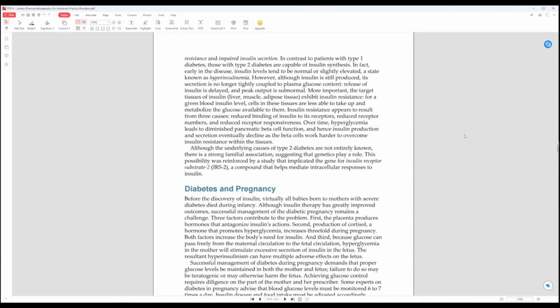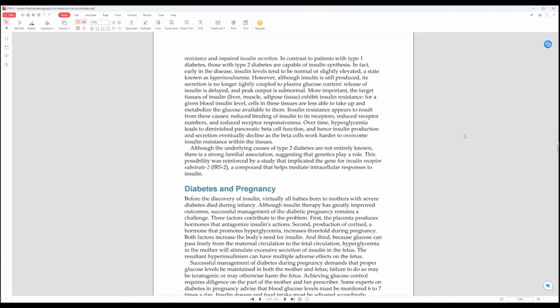More important, the target tissues of the insulin, the liver, muscles, and adipose tissue, exhibit insulin resistance for a given blood insulin level. Cells in these tissues are less able to take up and metabolize the glucose available to them.